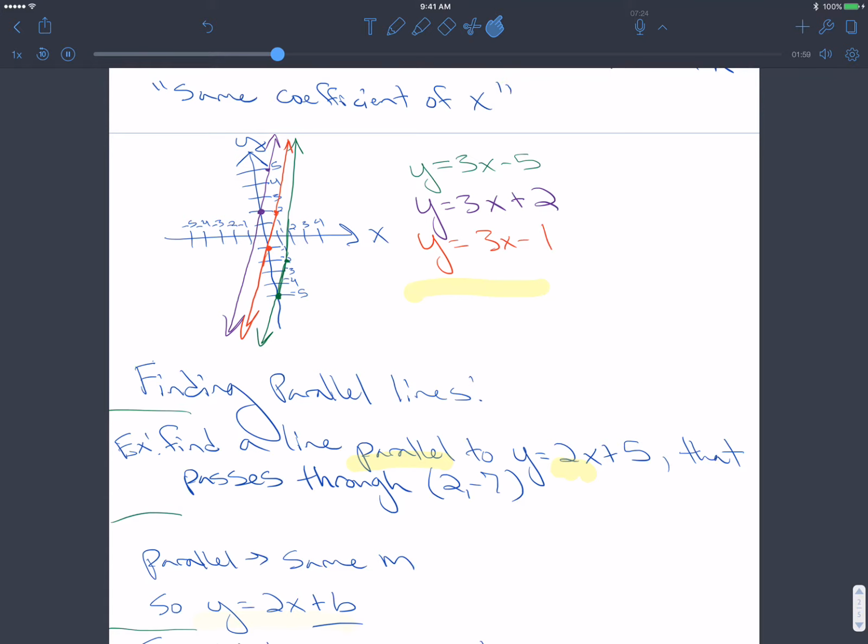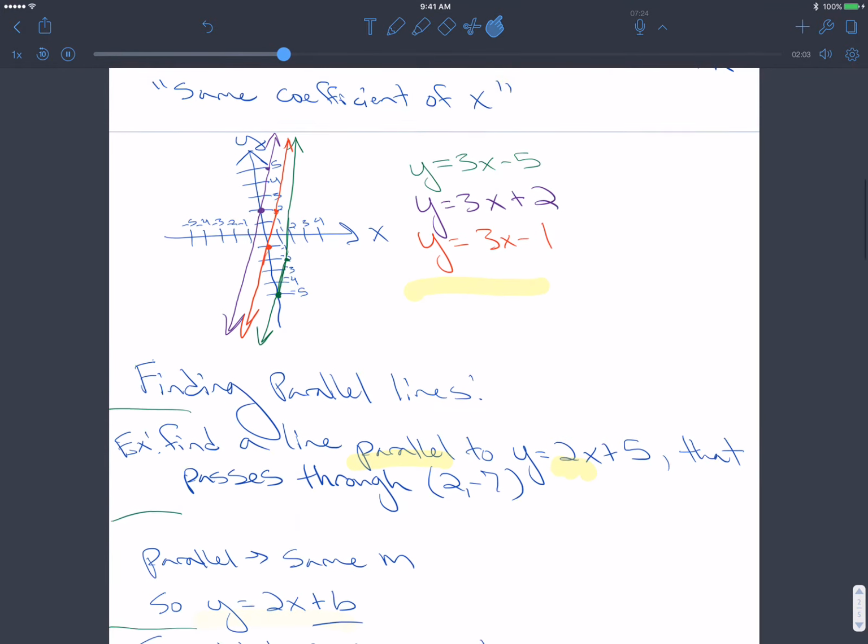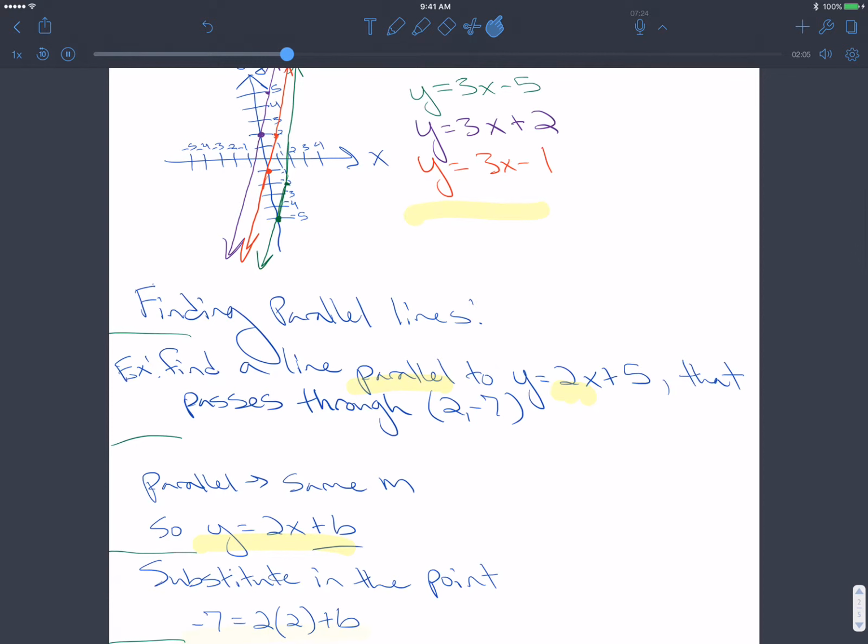Now, if it's going to pass through (2, -7), then I can substitute the point into my y equals 2x plus b and figure out what b is. So -7 is my y value, so I substitute that in for y. 2 is my x value, so I substitute that in for x. I have -7 is equal to 2 times 2 plus b.